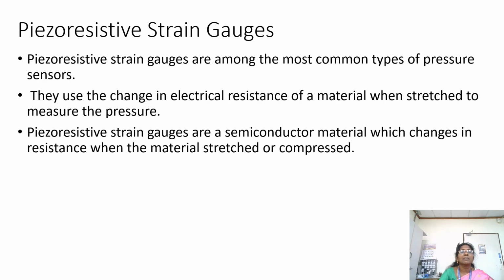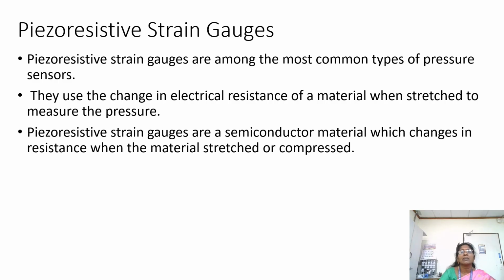Next are the elastic pressure instruments. One of the pressure measuring devices is the piezo-resistive strain gauge. Piezo-resistive strain gauges are among the most common types of pressure sensor. They use changes in the electrical resistance of a material when stretched to measure the pressure.